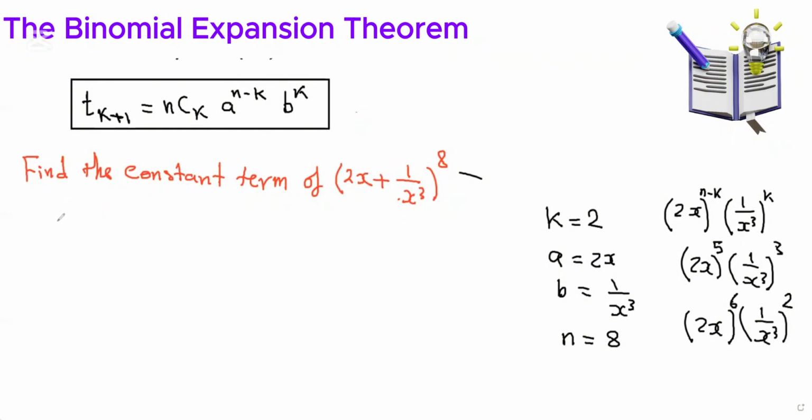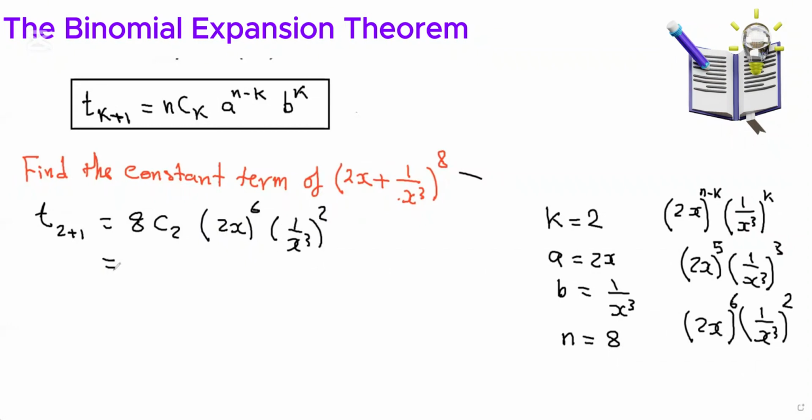And let's explore that. So t of k plus 1, because k is 2, equals n, which is 8, choose 2, times a, which is 2x, to the n minus k, so 8 minus 2, which is 6, and then 1 over x cubed to the power of k, which is 2.